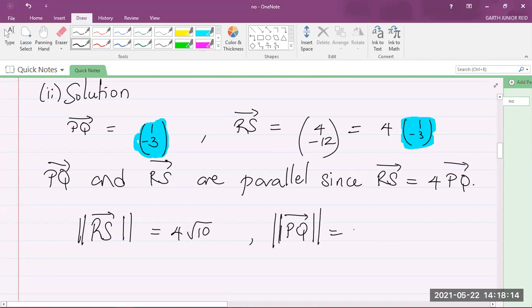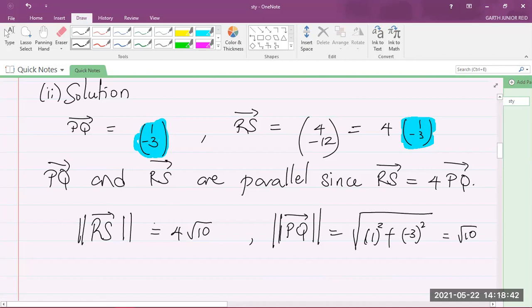That's going to be the square root of x squared plus y squared. x in this case is 1, so 1 squared plus negative 3 squared. 1 squared is 1 and negative 3 squared is 9. So what we have under the root is 1 plus 9, which we know is 10. So this is equal to the square root of 10.